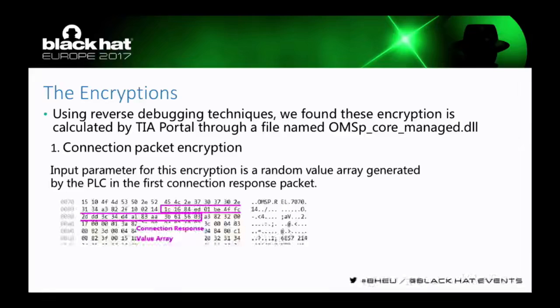Now, for the first connection packet encryption, using the reverse debug tools, we found the algorithm's input parameter is the connection response value array. This value array we have already mentioned. It is in the first connection response packet, generated by the PLC, and these are random values.